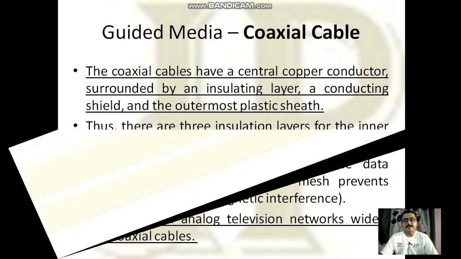Next one is coaxial cable. The coaxial cable has a central copper conductor surrounded by an insulating layer, a conducting shield and the outermost plastic shield. Thus, there are 3 insulation layers for the inner copper cable, which are used to prevent EMI, electromagnetic interference.